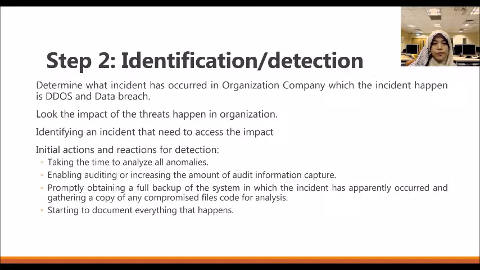Next step, identification and detection. Determine what incident has occurred in the organization, for example DoS and data breach. Look at the impact of the threats that happened in the organization.